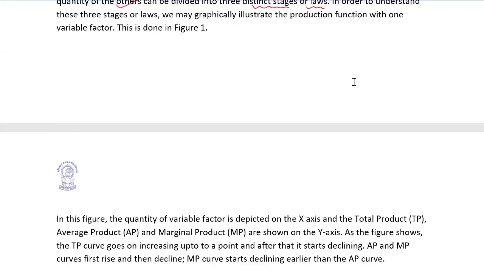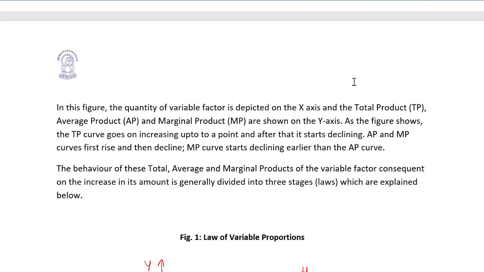Now let's see the text. In this figure, the quantity of variable factor is depicted on the x-axis, and the total product, average product or marginal product is depicted on the y-axis. As the figure shows, the TP curve goes on increasing up to a point and after that it starts declining.